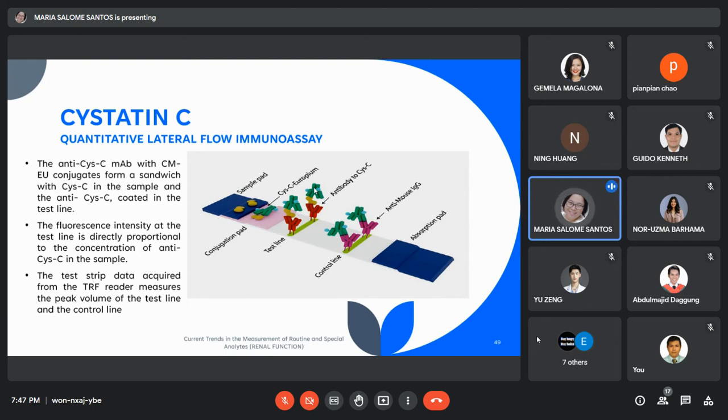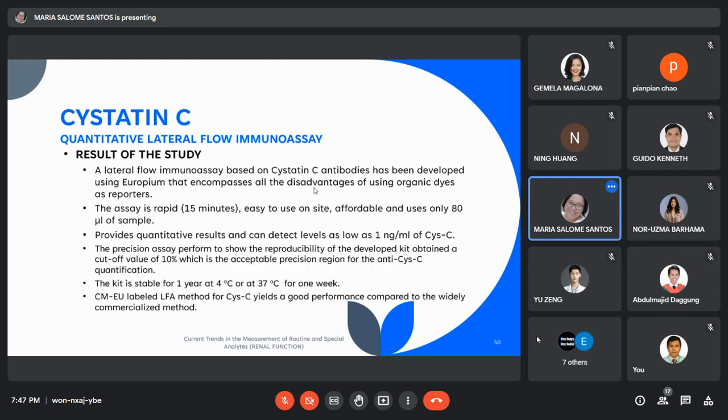The fluorescence intensity at the test line is directly proportional to the concentration of cystatin C in the sample, and the test strip data acquired from the time resolved fluorescence reader measures the peak volume of the test line and the control line.